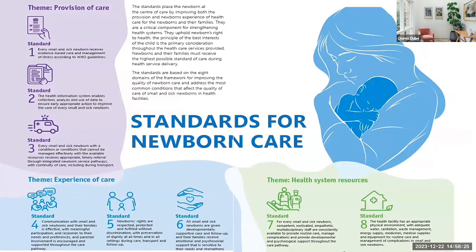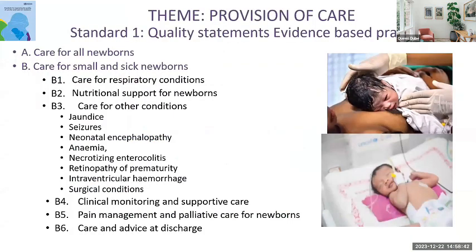So just to give you an example, and apologies, this is a very busy slide. When you look at standard number 1, say, for example, where we're talking about every small and sick newborn receives evidence-based care and management of illness according to the WHO guidelines, then under standard 1 you have quality statements, and really all based on evidence.